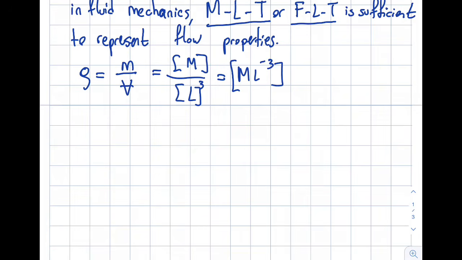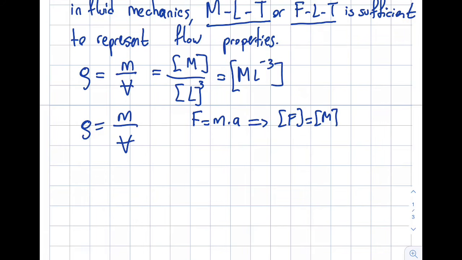Let me do the same analysis for the FLT system. For that, I will use the same formula, obviously. But this time around, I cannot use mass because I'm using FLT. So now I need to represent mass in terms of force. You can see from F equals m a, force is equal to mass times acceleration, which is L T^-2.